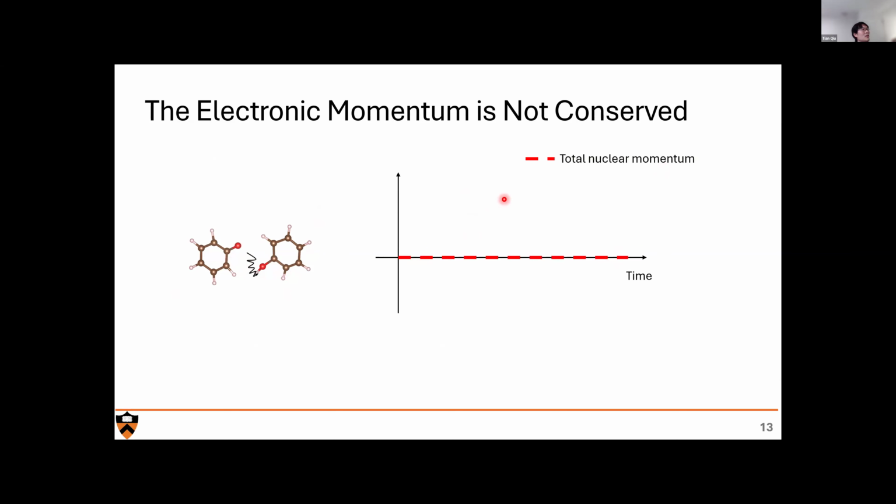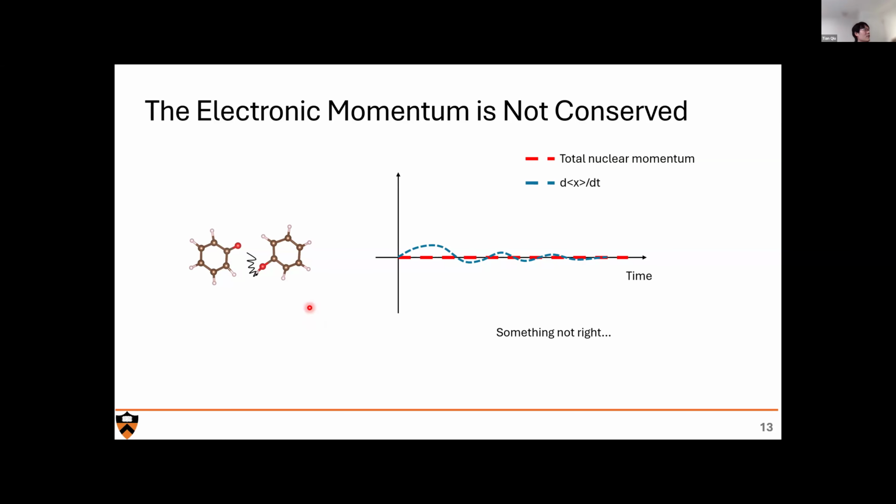But when we try to compute the momentum for the electrons, what I mean is we can compute the time derivative of the expectation value of the position operator for the electron, we find that instead of being a constant, it's actually oscillating, which suggests that the electronic momentum is not conserved in this trajectory. So this seems to show that something is not right.